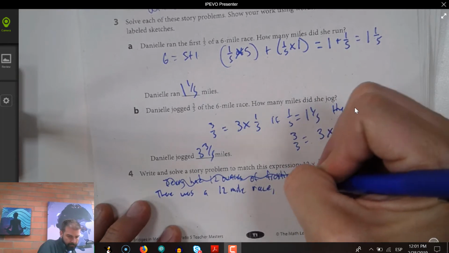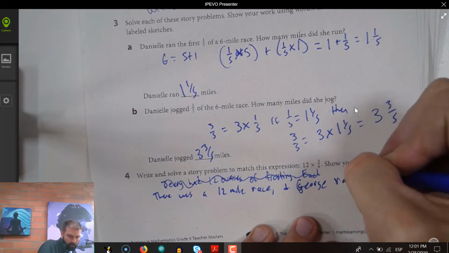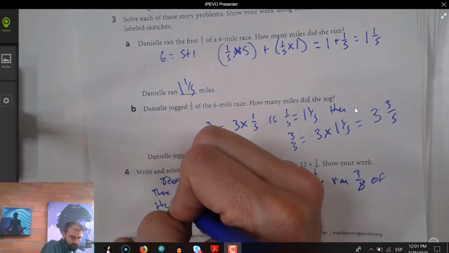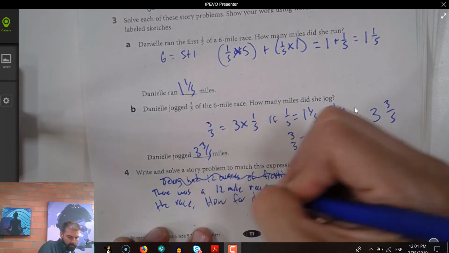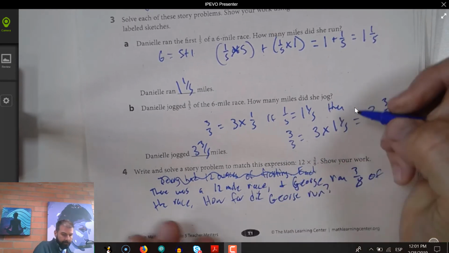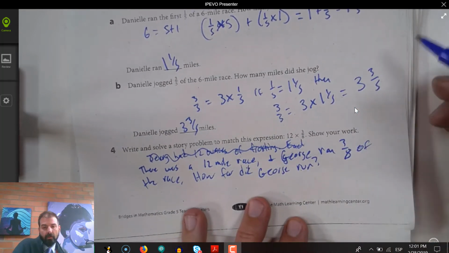And George ran 3/8 of the race. How far did George run? So we would do 3/8 of 12.